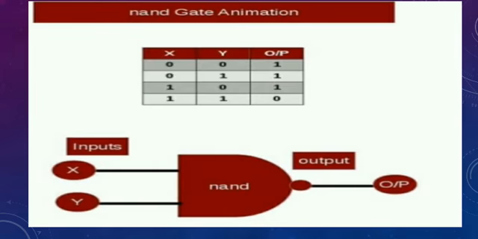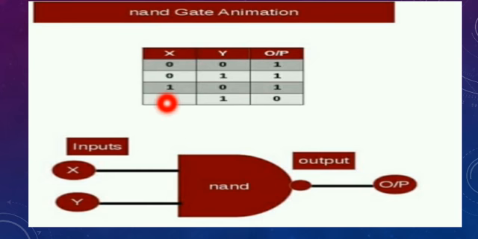And this is the NAND gate. This NAND gate has two inputs and one output. The formula is A dot B the whole bar, as given in our book.